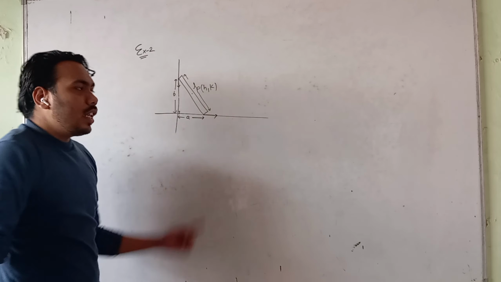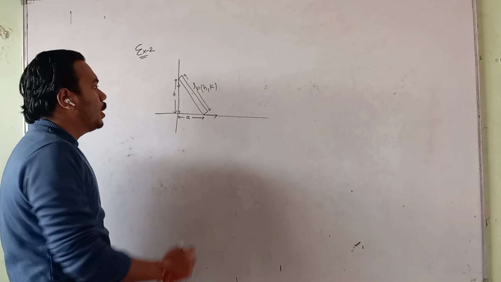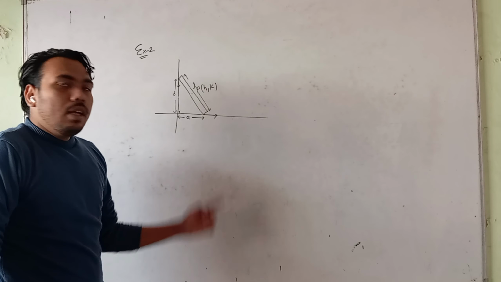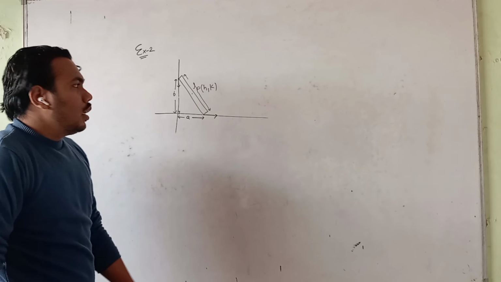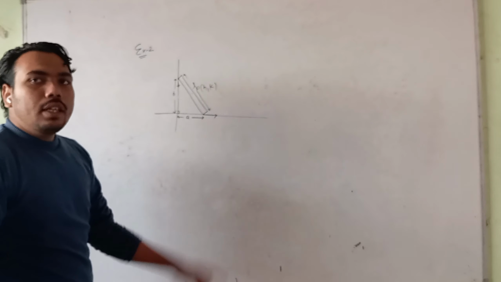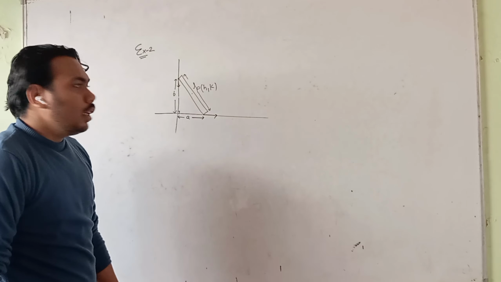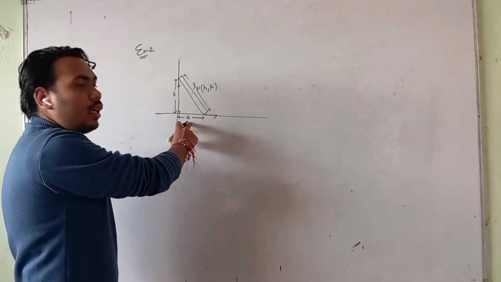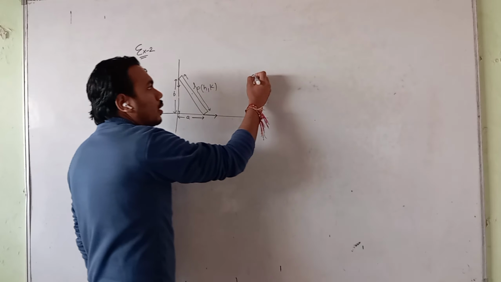Now I have introduced some variables. These are also variables because while sliding the rod, a will change, b will also change. We have to eliminate these variables. Now step number 2: I am writing this condition in mathematical form. By using the Pythagoras theorem, I can say a squared plus b squared equals L squared.